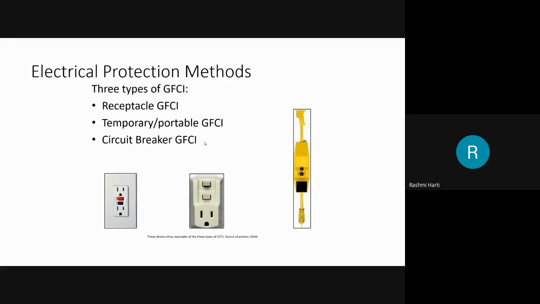At sites equipped with circuit breakers, this type of GFCI might be installed in a panel box to give protection to the selected circuits. Circuit breakers should be tested monthly. Keep in mind that the test will disconnect power to everything on the circuit. So if it is off, it disconnects the power to all the circuits. That's what we say circuit breaker.